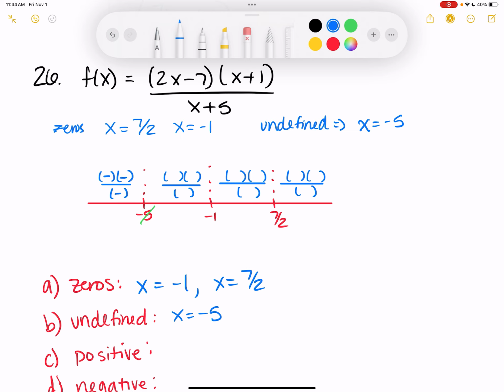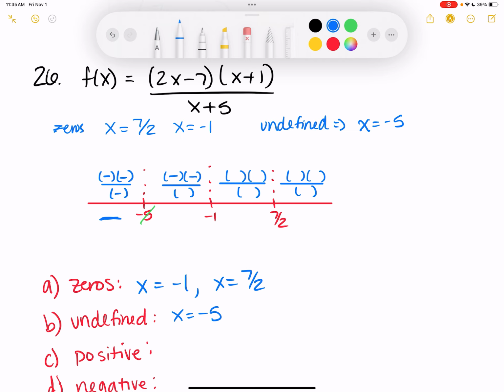So that whole thing is negative. What about in here? -2, and what do I get? Negative.